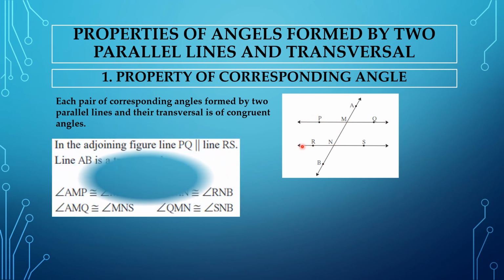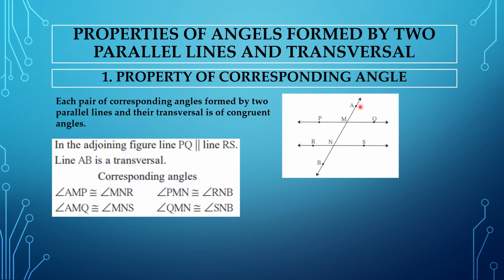That is, whatever the measurement of angle AMP is, that is the measurement of angle MNR. If angle AMP is 40 degrees, then angle MNR is also 40 degrees. Corresponding angles are congruent.